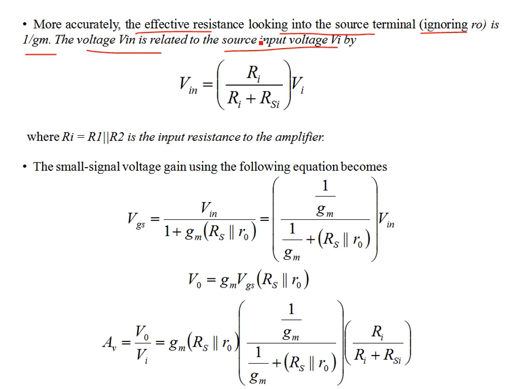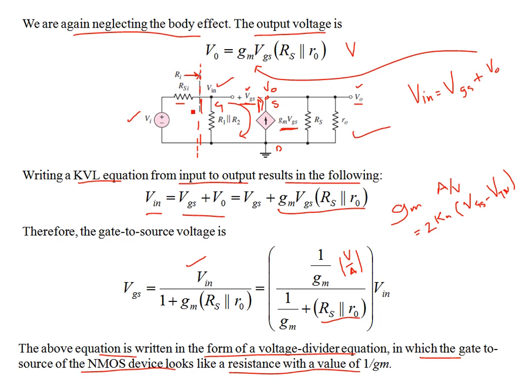Okay, so if you look at this figure over here, then your Vin, with Ri in terms of voltage divider, is Ri over Ri plus RSI into Vi. Okay.